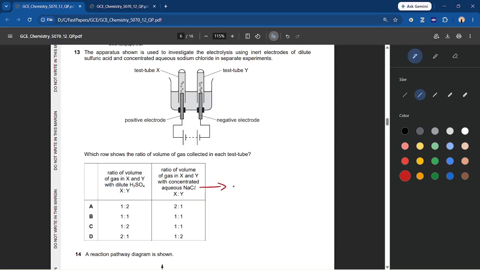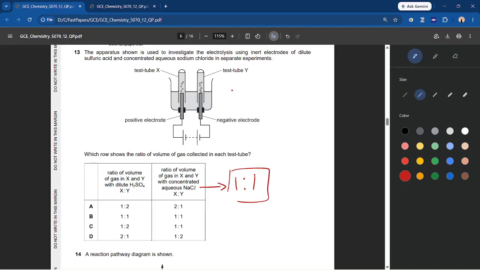Because it's concentrated sodium chloride, the only gases being liberated are going to be hydrogen and chlorine. So this is going to be in a 1:1 ratio. Because it's concentrated, you're not liberating oxygen gas at the anode, you're liberating chlorine. Just give me 1 sec. Right, sorry about that.